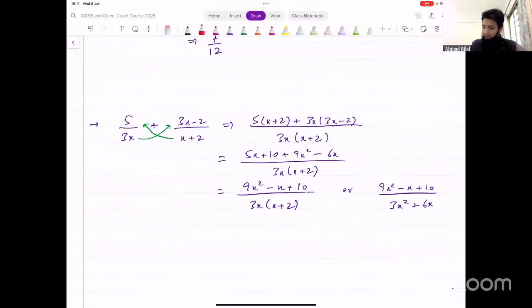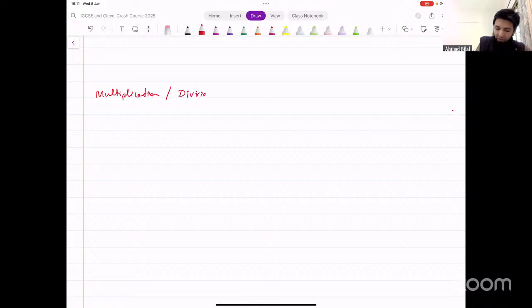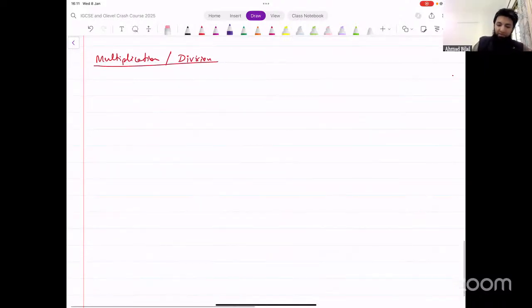Now let's talk about how to do multiplication and division in fractions. That's really straightforward as well. Multiplication and division of fractions. For now, we're talking about simple fractions, not the mixed fractions. How do we multiply them?